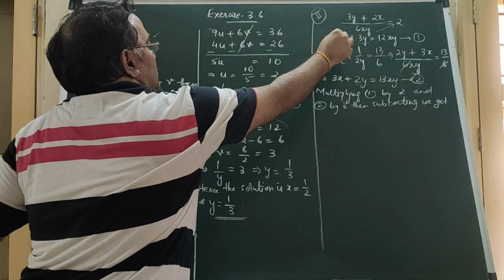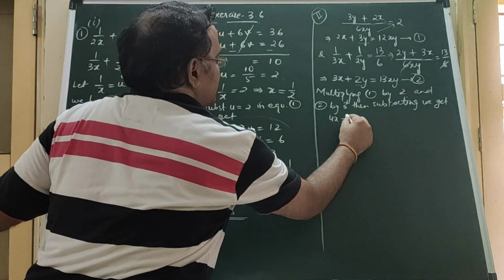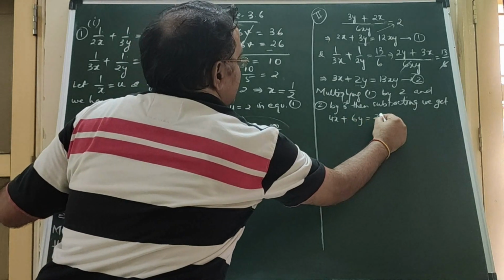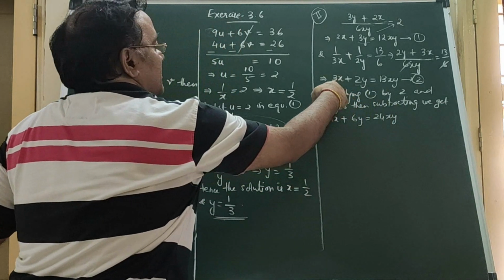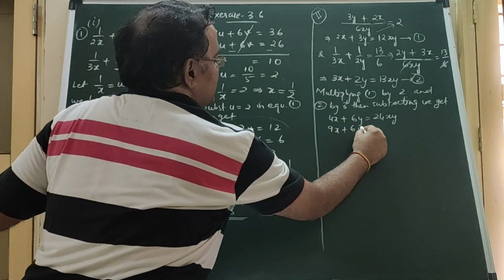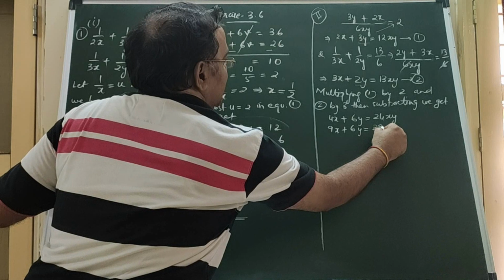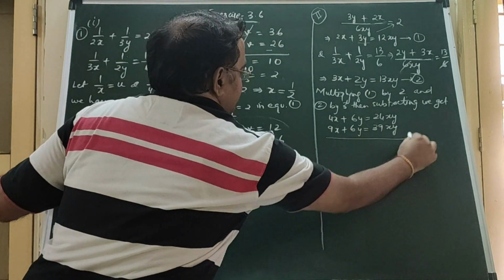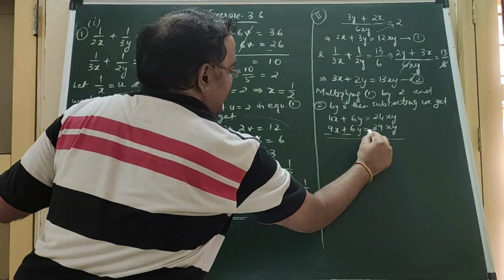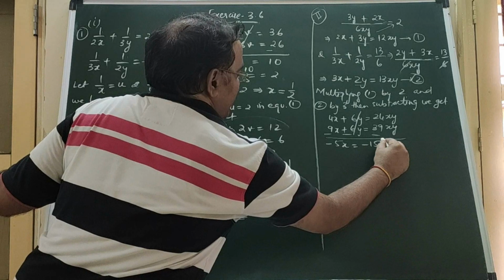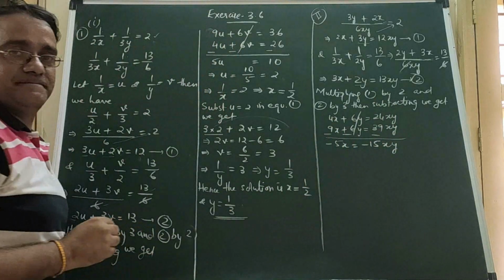So इसको हम लोग 2 से इंटू कर रहे हैं, तो 4x plus 6y is equal to 24xy. Here we are multiplying with 3, so 9x plus 6y is equal to 39xy. Okay, पूरा subtract करेंगे, ये cancel हो जाएगा. Minus 5x is equal to minus 15xy.